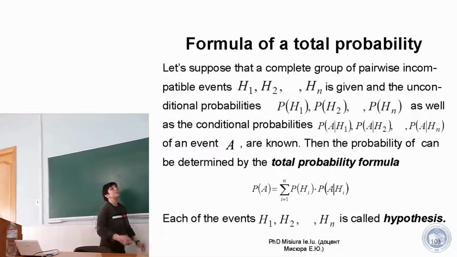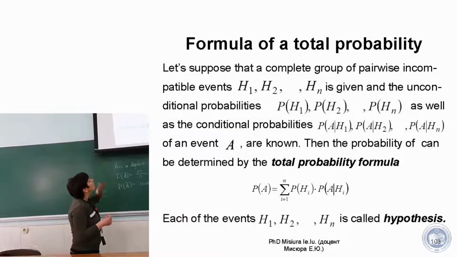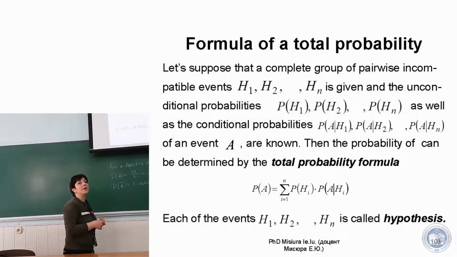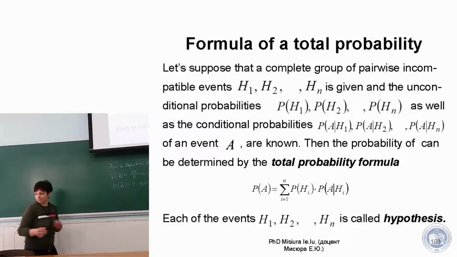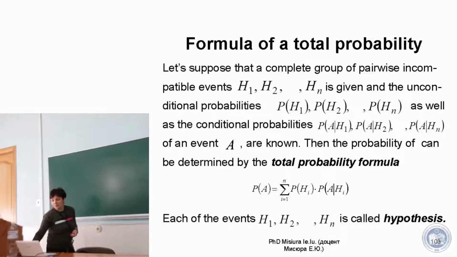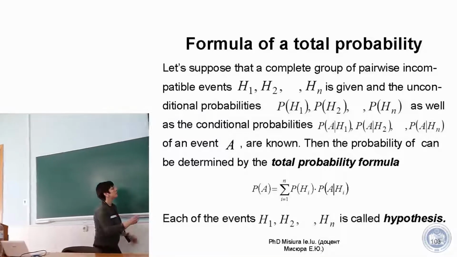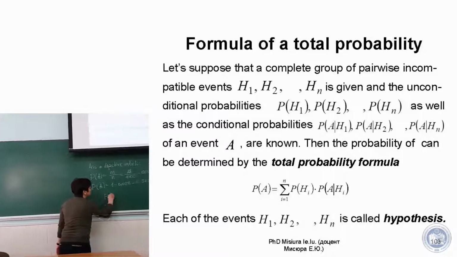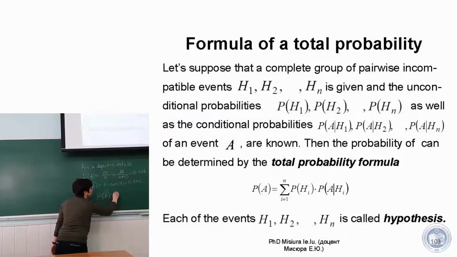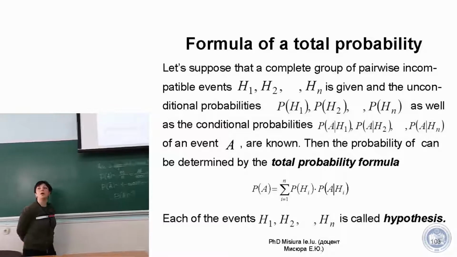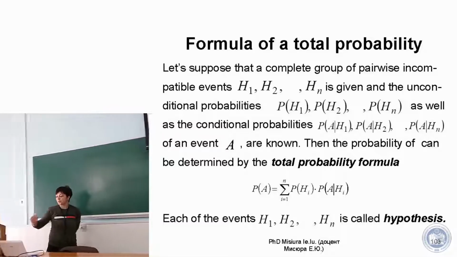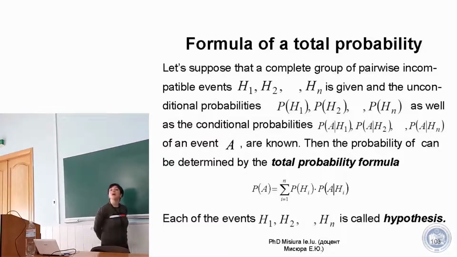How to explain this formula? Total probability. Let's look at the condition of this formula. We have event A, and P of A is unknown. In order to find this probability, you need to use hypotheses.